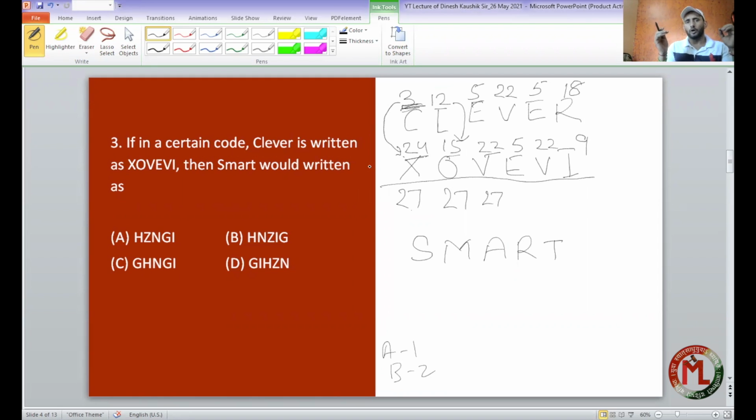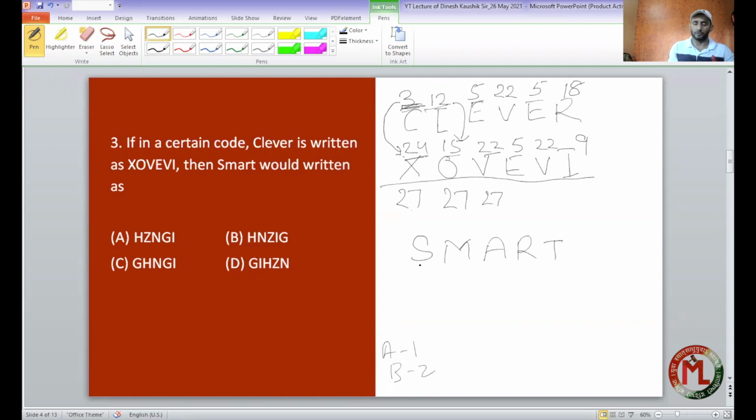Similarly, the 12th letter from the beginning is replaced by the 12th letter from the end, O. This logic can also be applied. So whenever we check a complementary pair, the sum of the positions will come out to be 27. So what will be the code for SMART?